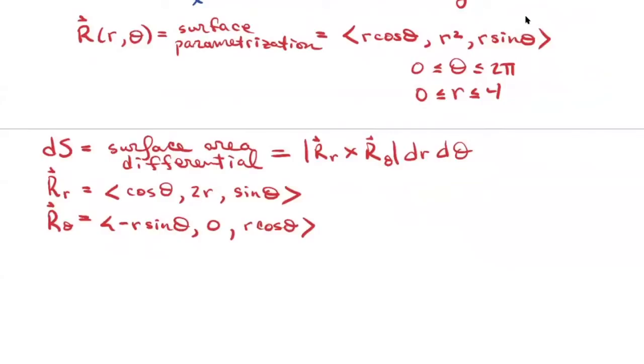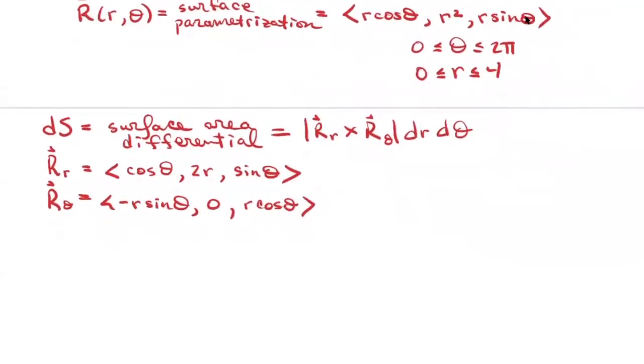Putting some hats on the vectors that got neglected here. All right, so now we have to do this crazy cross product. So R with respect to r cross R with respect to theta.